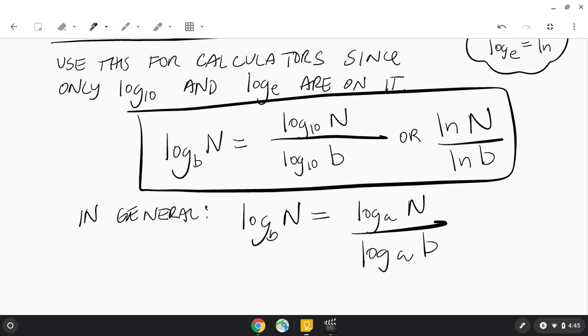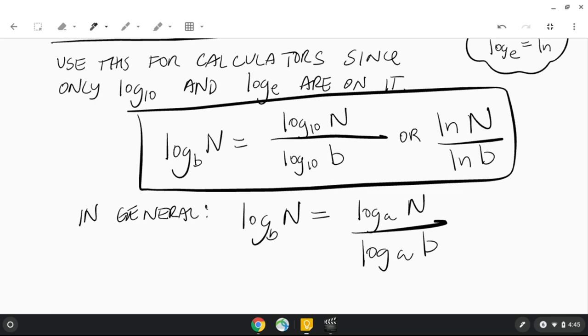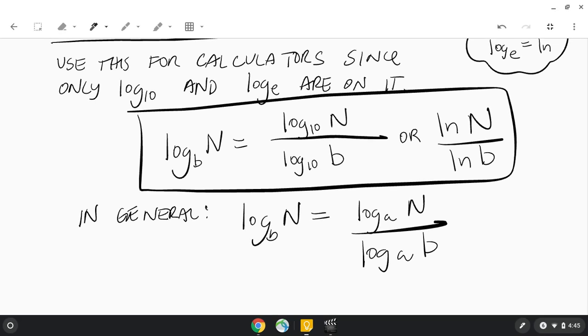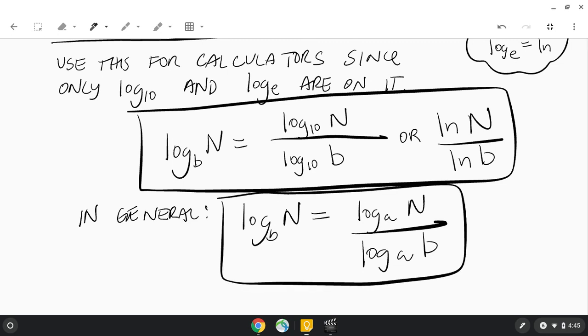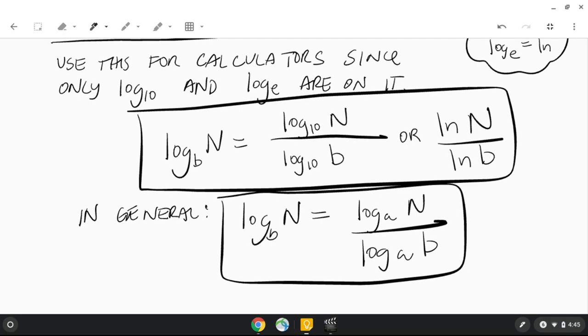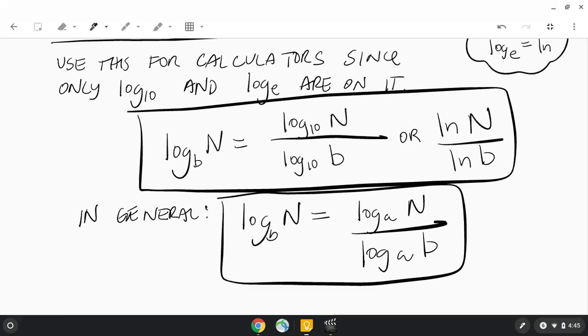Okay, you can change it into whatever you want, and you'll still get the same answer if you use this. But you don't have any base on your calculator, so that's why I simplify this formula to this.